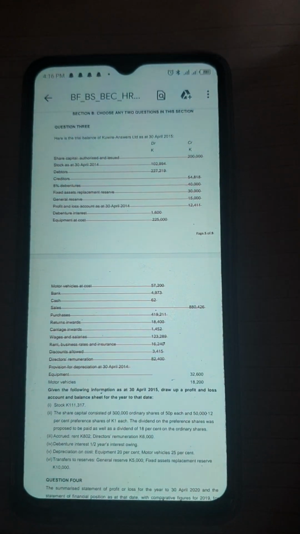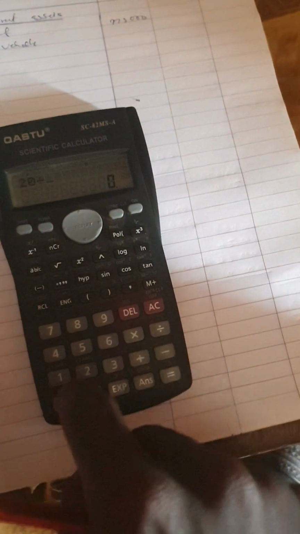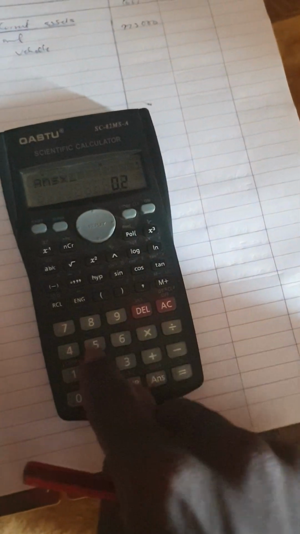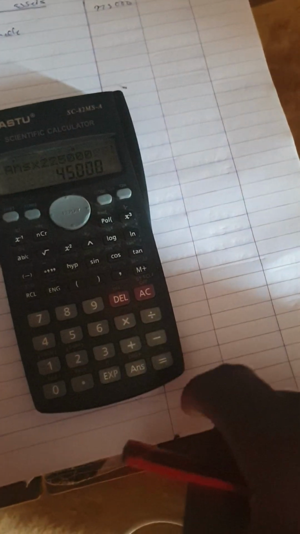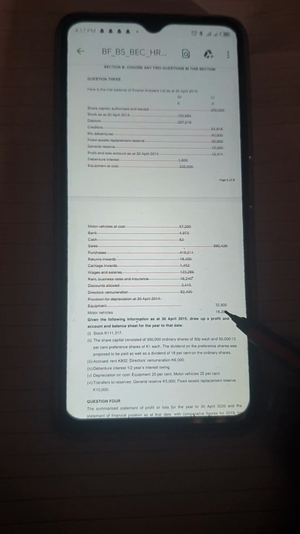So the equipment figure, if you remember very well, in the question it was 225,000, and the depreciation was 20%, which gave us 45,000, plus the accumulated depreciation of equipment, which is found on the credit side in the trial balance.